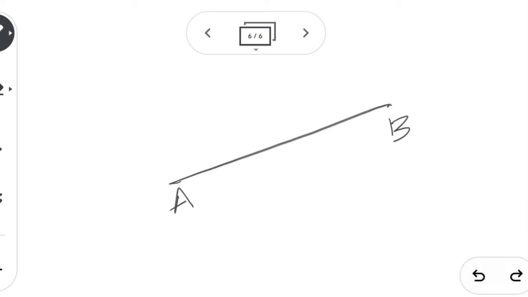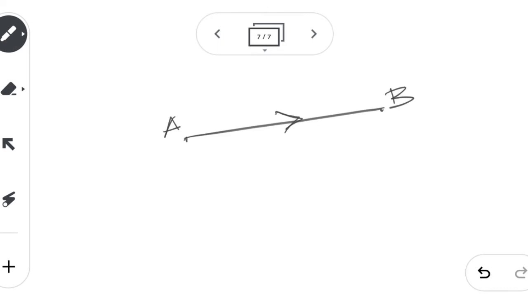If we give direction from B to A, it is also a vector, and the magnitude is the same. A directed line segment is a vector because it has both magnitude and direction.